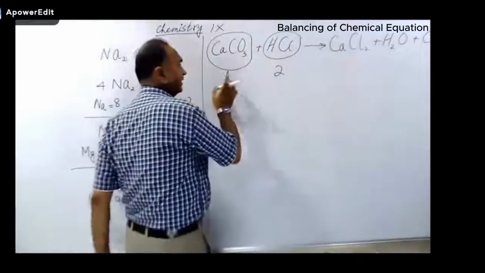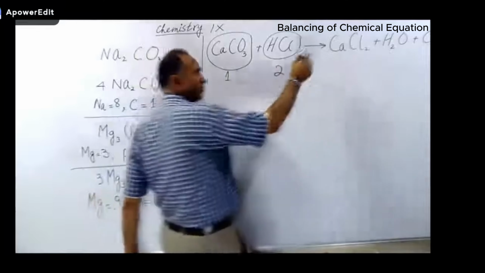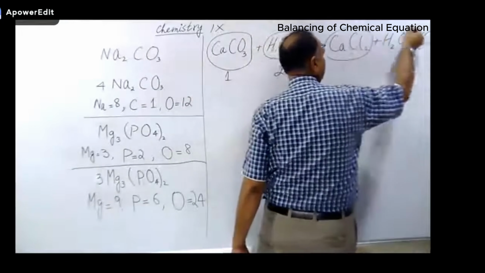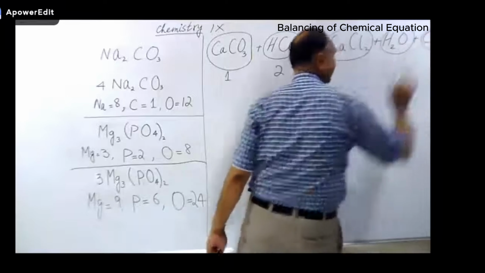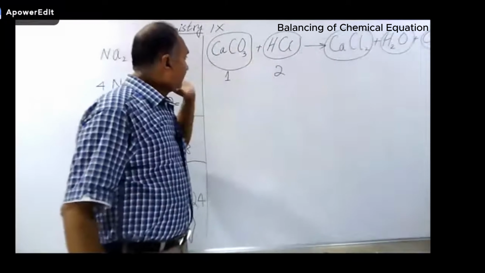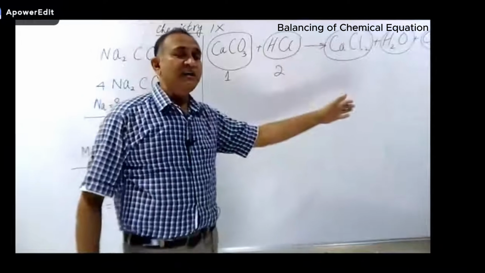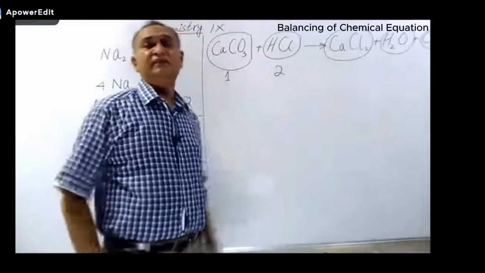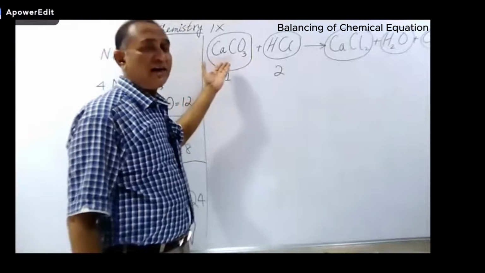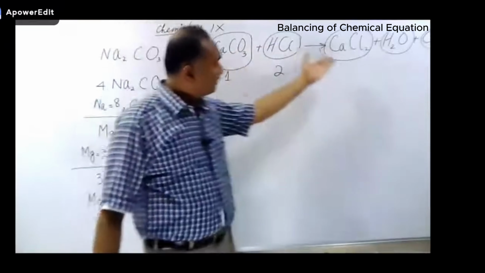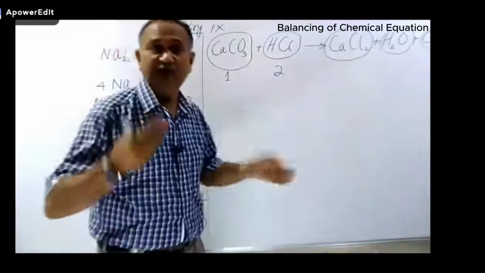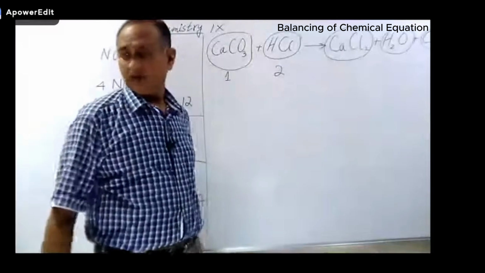So, these two are reacting together to form these products. 1, 2, 3. What is the point that I would like to highlight here? That the left hand side and right hand side have different formulas. Okay? You can't expect the CaCO3 written over here. No, never. It's a chemical reaction. All right?